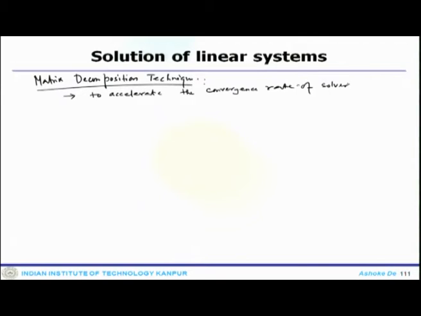The decomposition helps in turn to promote the convergence rate of the solver. Also, to some extent, adopt preconditioners. So, we have already seen that preconditioners help to get a slightly better convergence because of the change in the spectral properties of the system.